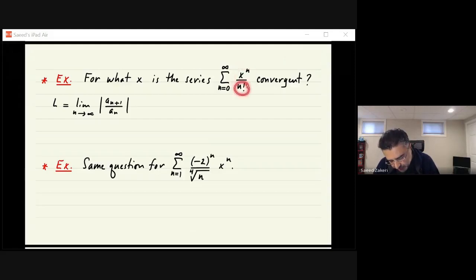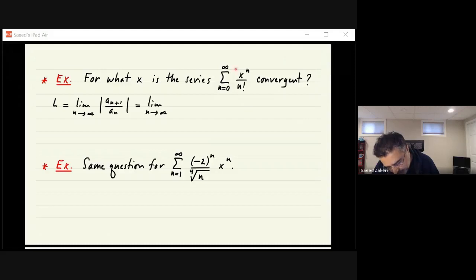The bottom is always positive, but depending on what x is, x to the n could be positive or negative. So just to be on the safe side, I put absolute values. I don't have a series with positive terms. So this will be the limit as n goes to infinity. Again, the same trick. I put absolute value around everything unless the thing is already positive.